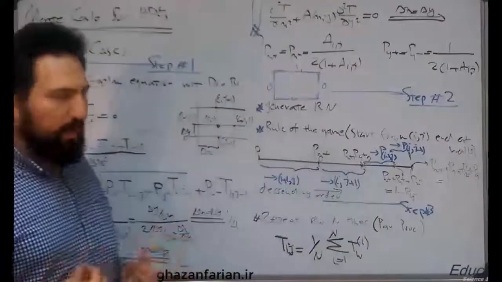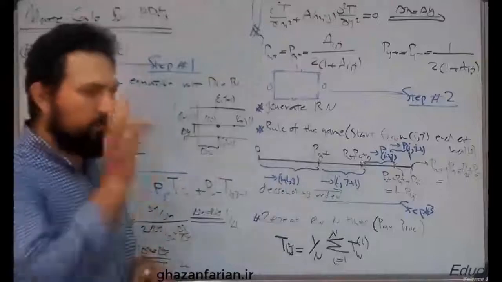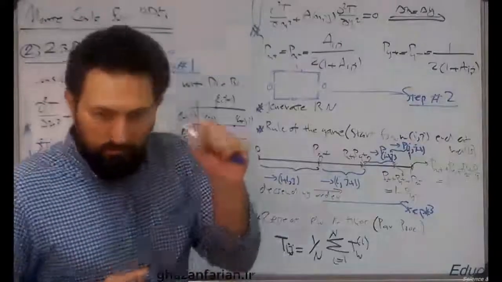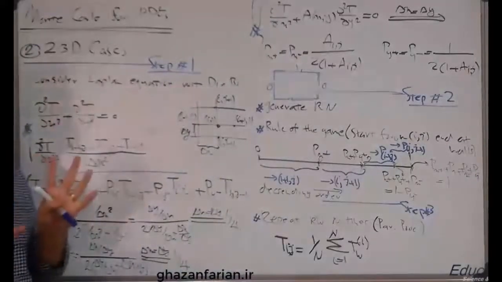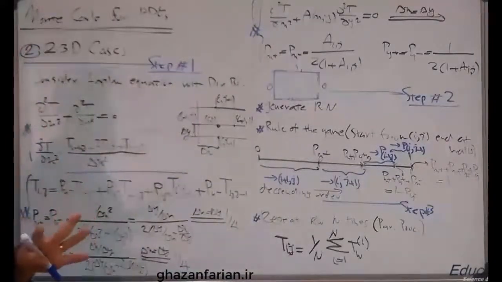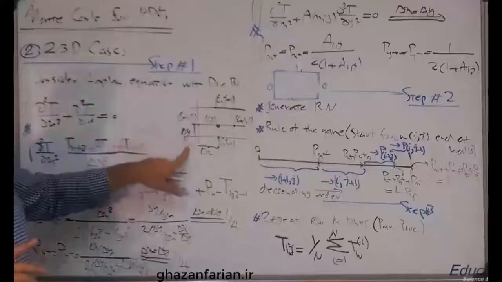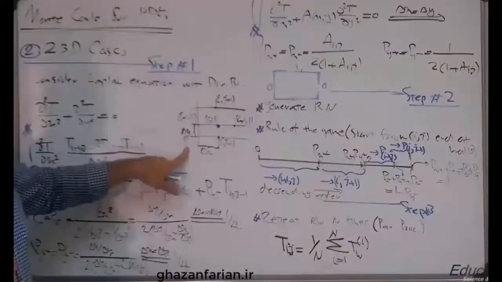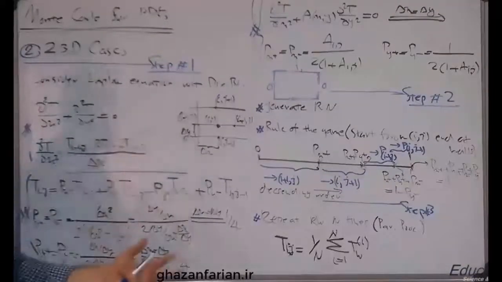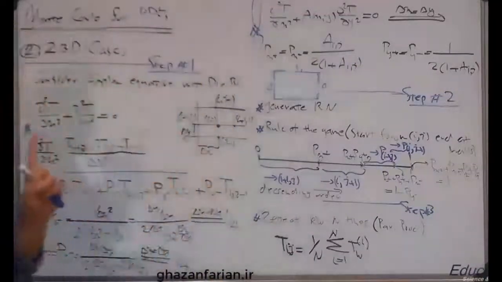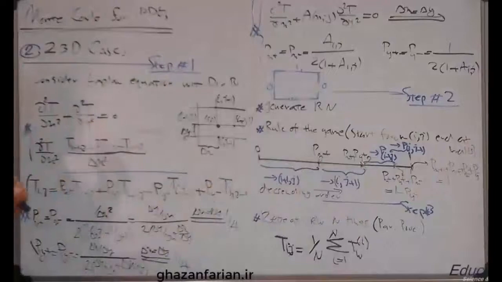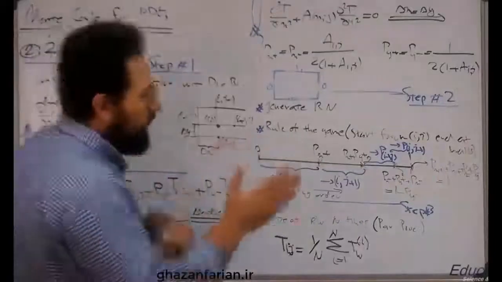For example, I ask you to compute the temperature of this point. So you will start from this point, and randomly you can go to the neighboring nodes in this grid. For example, if the value of the random number is between 0 and 1/4, you will go to the right node.